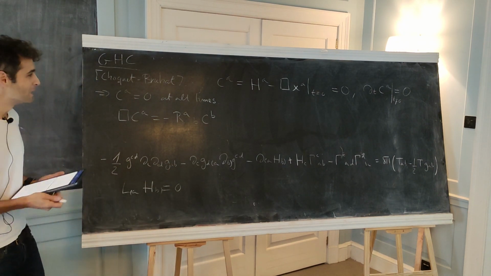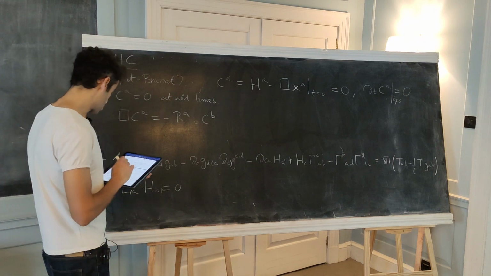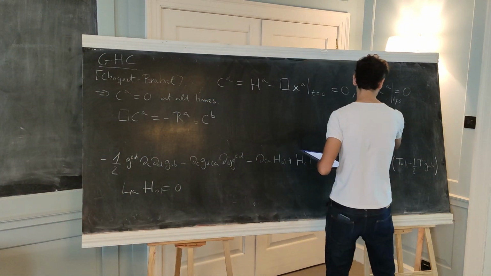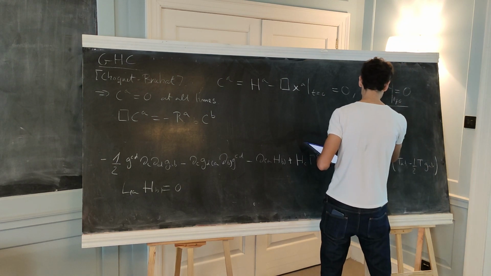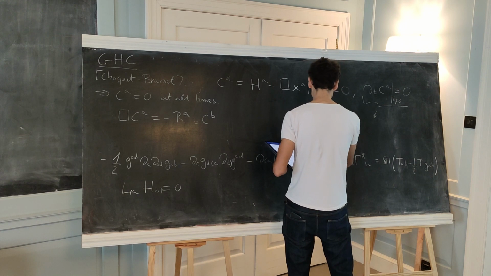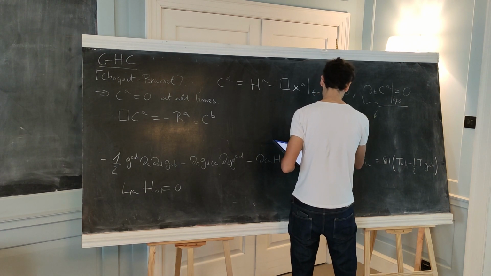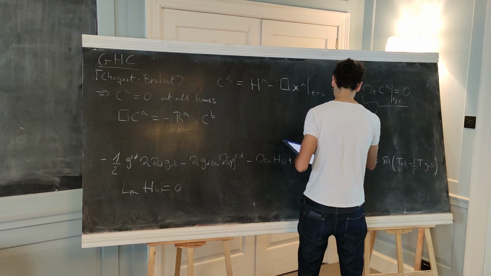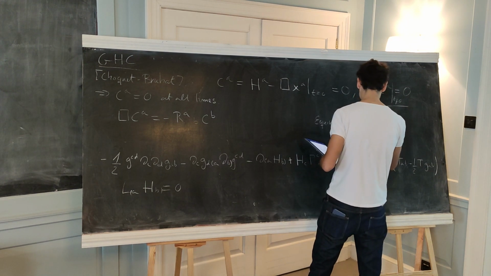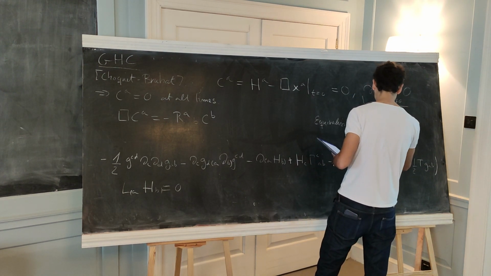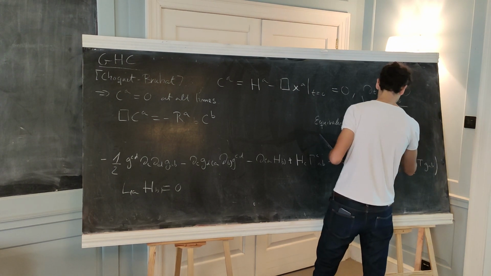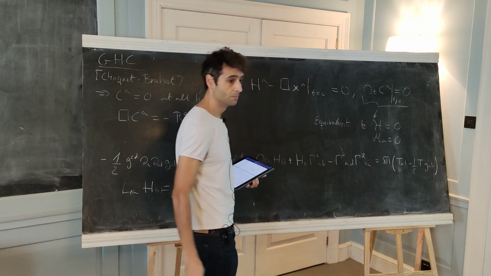But anyway, just one last comment about this is that these constraints, you can show, and I'm not going to do it, that this is equivalent to the Hamiltonian and momentum constraints being 0 at time 0.